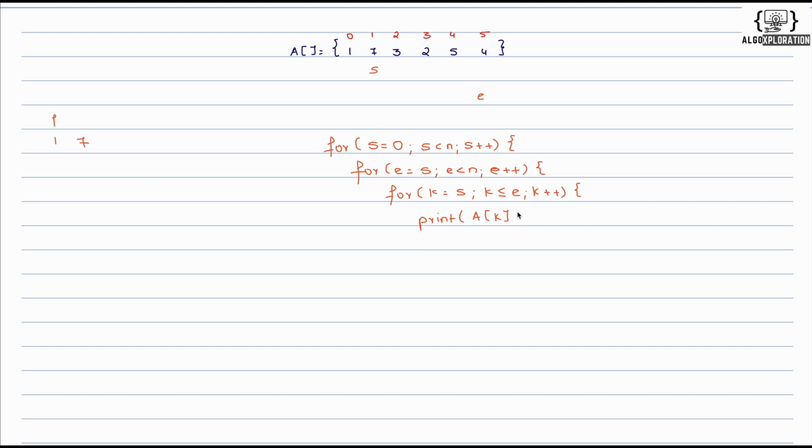That's it, right? Now this for loop will end, and here we will have a print line, or print in a new line. And that's it. In this way, we will be printing all the subarrays.